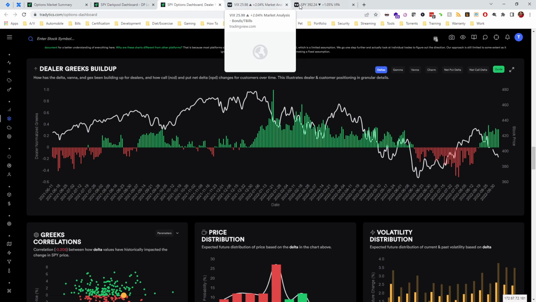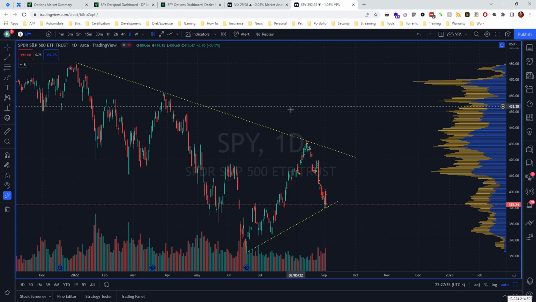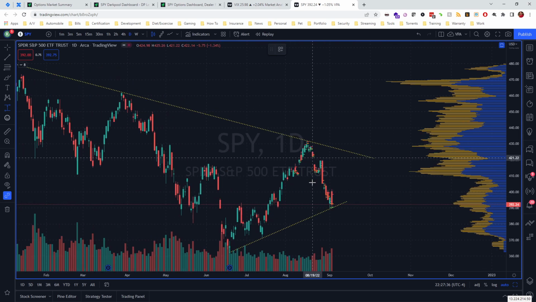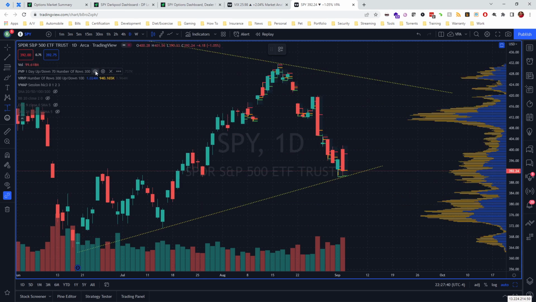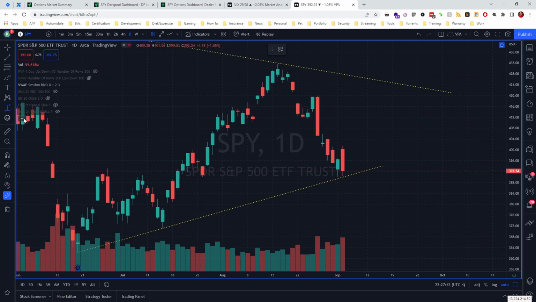And if we go up here to SPY and look at the price percent change, we want to start on the close of September 2nd. This was a red candle, and let me zoom in a little bit so we can see this better, and turn off some of this volume profile stuff to get it out of the way.